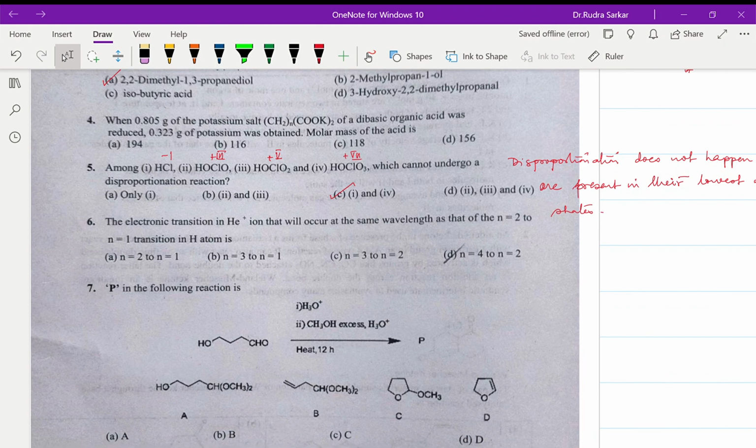Question 6 given: the electronic transition in He that will occur at the same wavelength as that of the n2 to n1 transition in H atom.